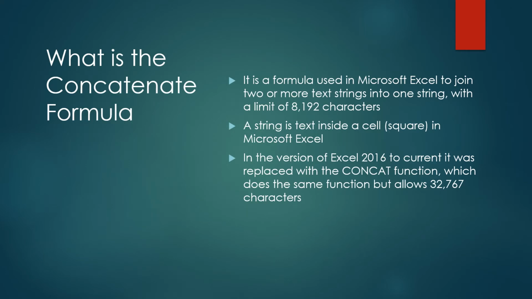First, we'll go over what the concatenate formula is. The concatenate formula is used in Microsoft Excel to join two or more text strings into one string with a limit of 8,192 characters. We classify a string as a text inside Excel, or the square where the data is inputted in Microsoft Excel.